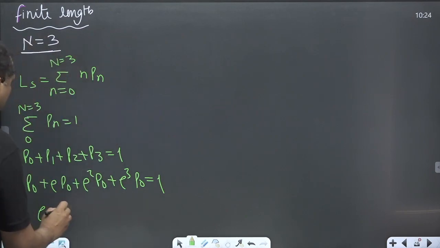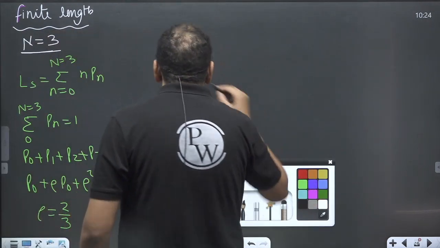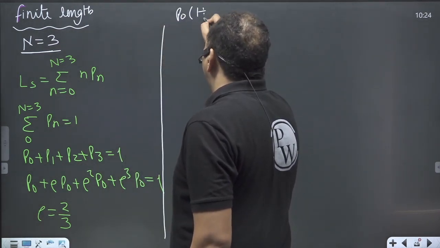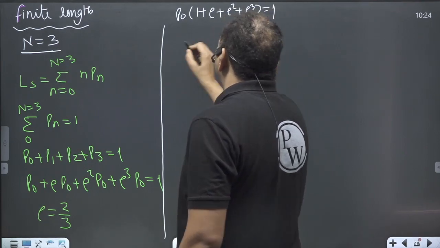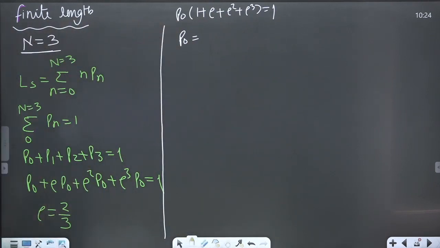So P0 times (1 plus rho plus rho square plus rho cube) is equal to 1. Find out P0, the probability that there is nobody in the system.